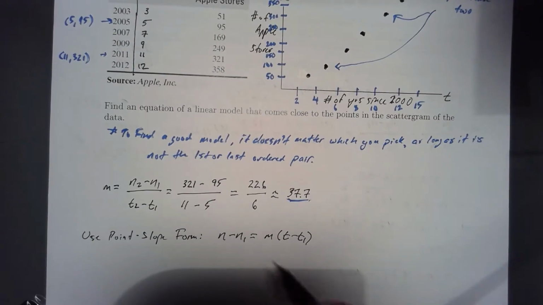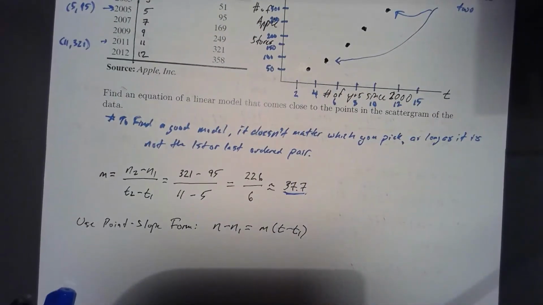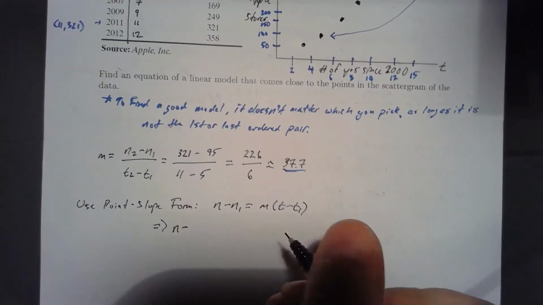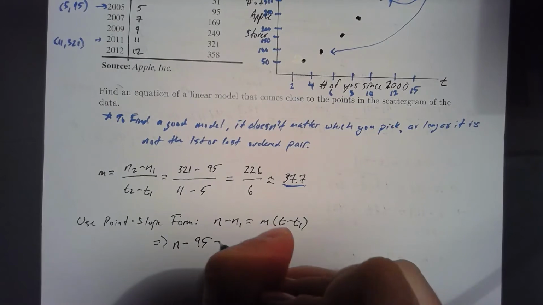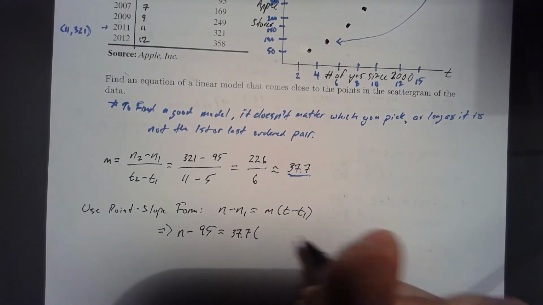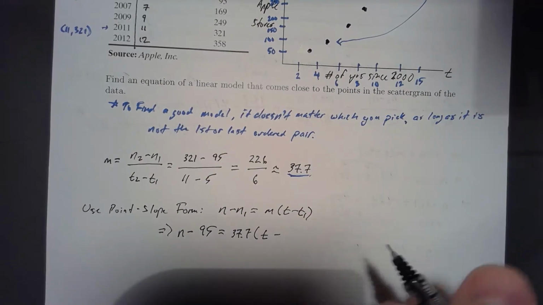Okay, so I'm going to pick 5, 95. That's the one I'm going to pick. So when I go through this, I have n minus 95 equals the slope, 37.7 times the quantity t minus 5.